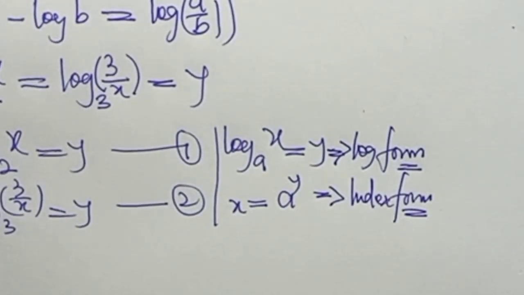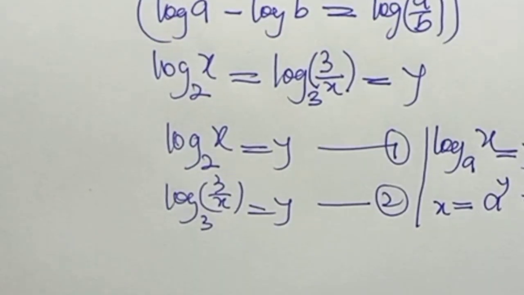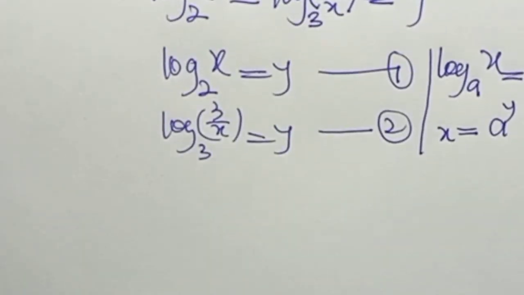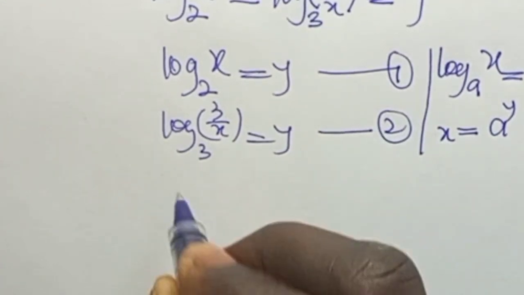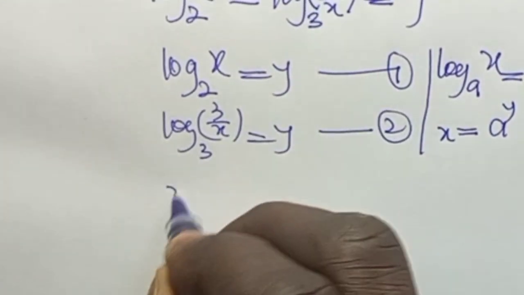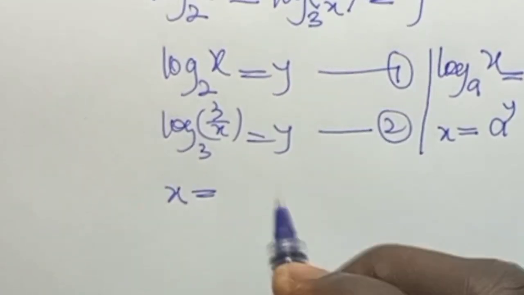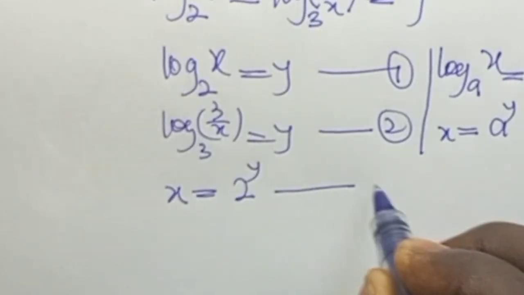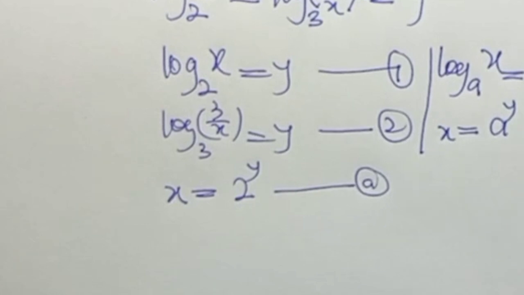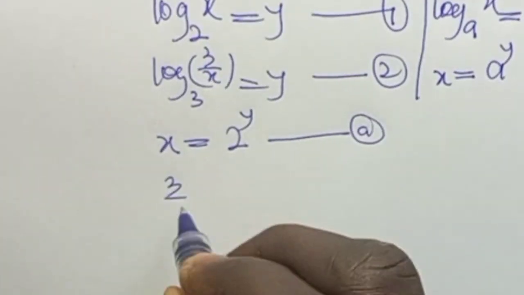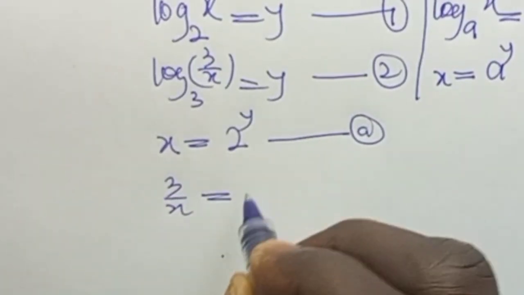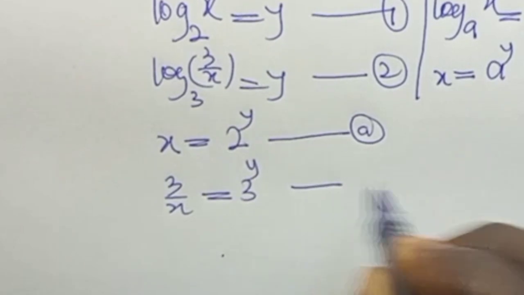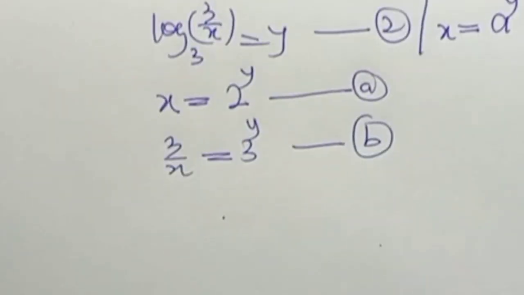So we are going to transform our equations 1 and 2 from log form to an index form. That is to say, from equation 1, x will be equal to 2 power y. Let's call this equation A. And 3 over x will be equal to 3 power y. And let's call this equation B.